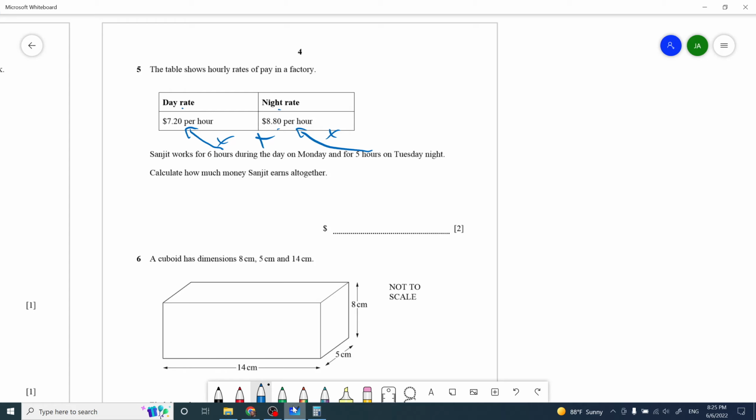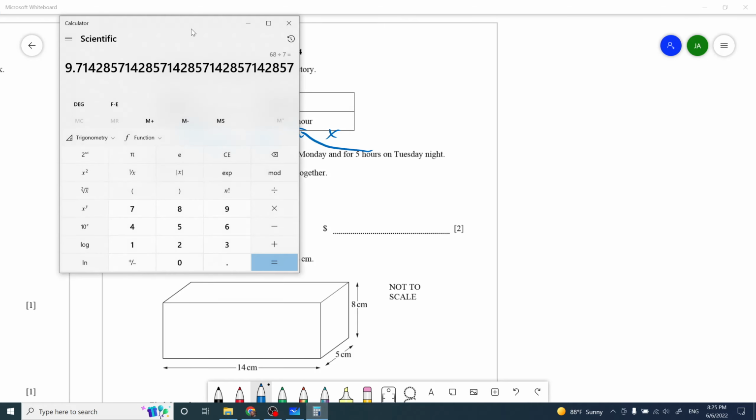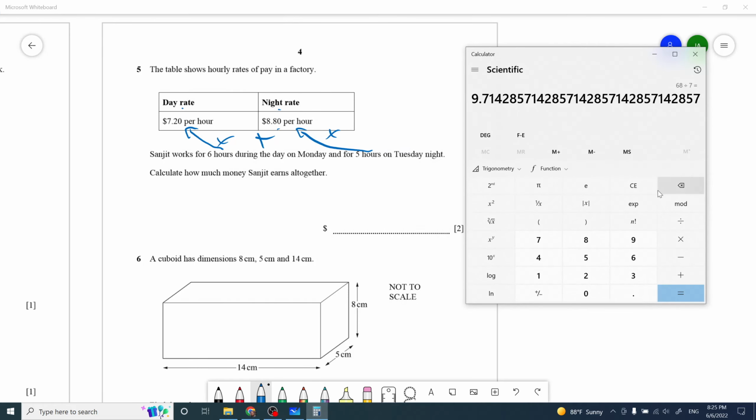So if you want to do this all in one action on your calculator, you could even use brackets to help get your big mess going. So let's try it. We'll take $7.20 times 6 and bracket plus new bracket $8.80.